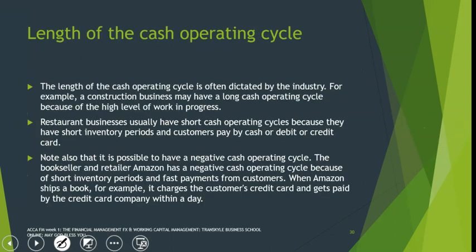All right, now let's discuss the length of the cash operating cycle in depth. The length of the cash operating cycle is often dictated by industry. For example, a construction business may have a long cash operating cycle because of the high level of work in progress. Remember those companies in our sunshine town called Bulawayo.